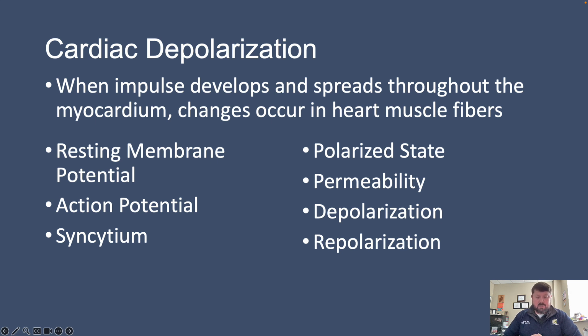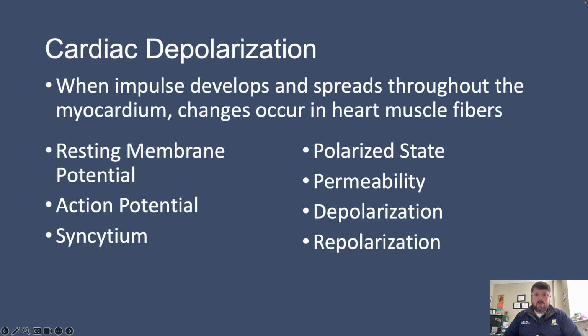So action potential is a change in polarity, a five-phase cycle that produces changes in the cell membrane's electrical charge caused by stimulation in myocardial cells, which extends across the myocardium, propagated in an all or none fashion, which we just mentioned. Syncytium. A syncytium is cardiac muscle cell groups that are connected together and function collectively as a unit.